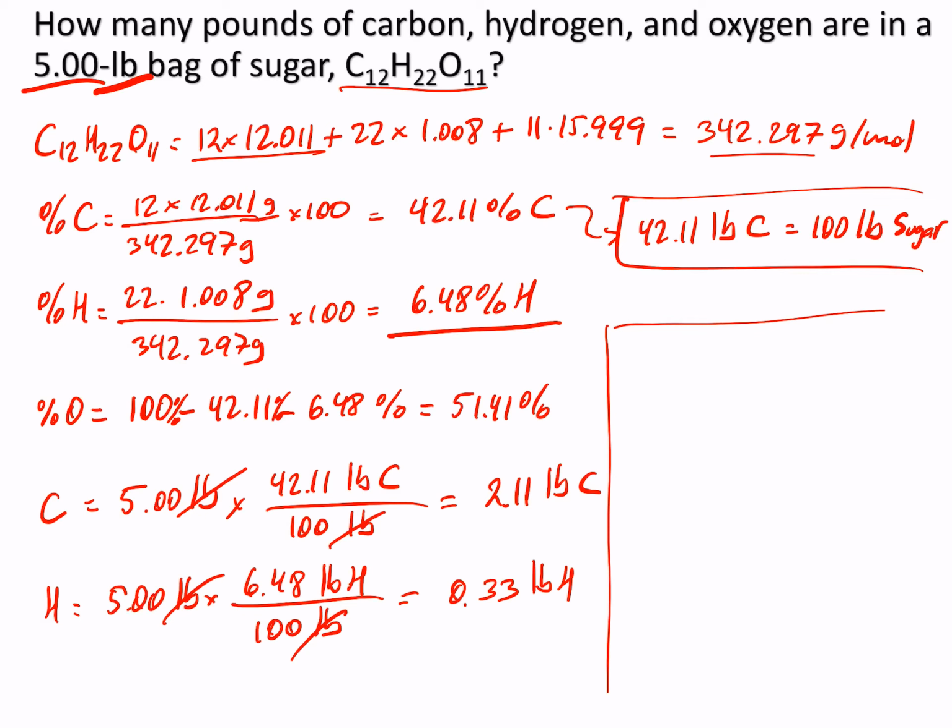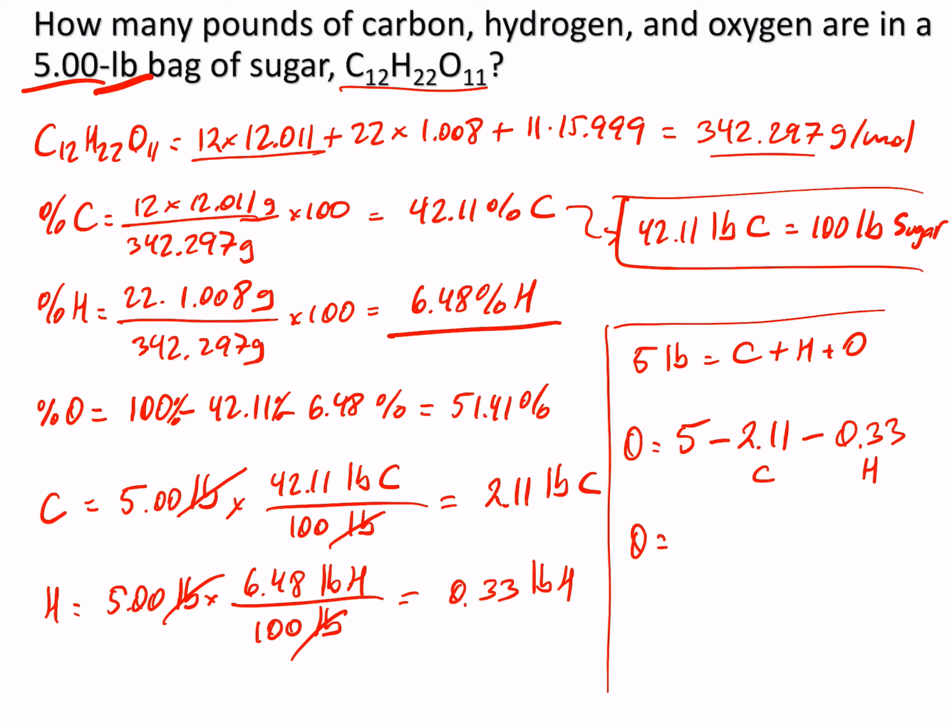Now if you want to find out how much oxygen you have, we can also take the shortcut, because 5 pounds is equal to carbon plus hydrogen plus oxygen. Therefore oxygen is going to be those 5 pounds minus 2.11 pounds coming from carbon minus 0.33 pounds. This is carbon, this is hydrogen.